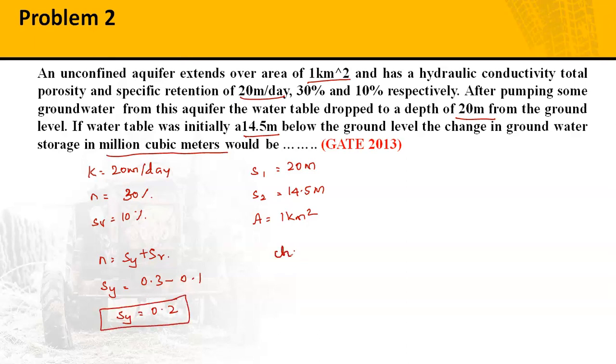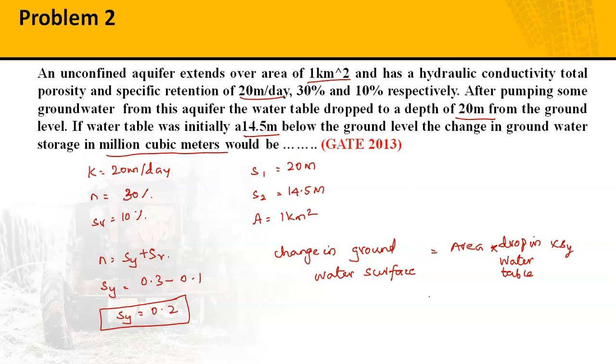So the formula becomes change in groundwater storage is equal to area into drop in water table into specific yield Sy. So area they have given as 1 kilometer square.